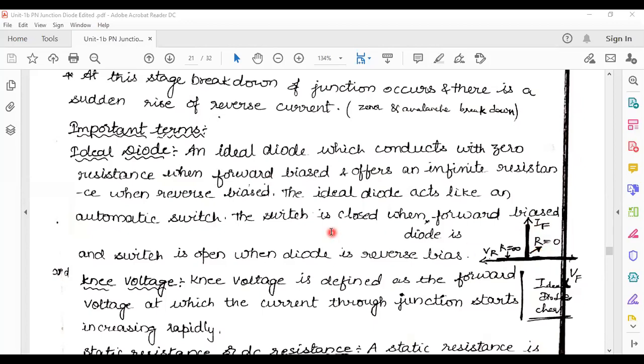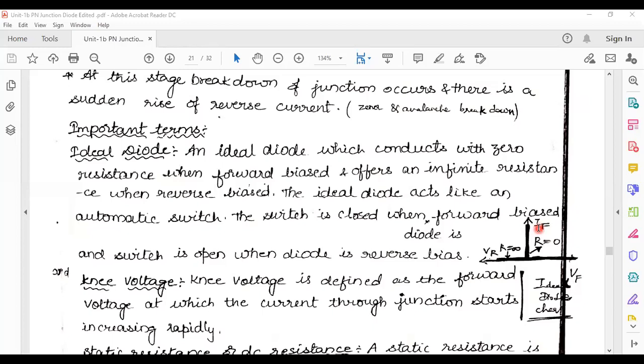And in the reverse bias direction, the resistance is maximum and the flow of current is minimum, that is, upon the zero line. Upon the zero line, the flow of current is 0 and the resistance is maximum. Here resistance is 0 and current level is high. Therefore in the forward bias direction, this diode acts as an on switch, and in the reverse bias direction, this diode acts as an off switch.